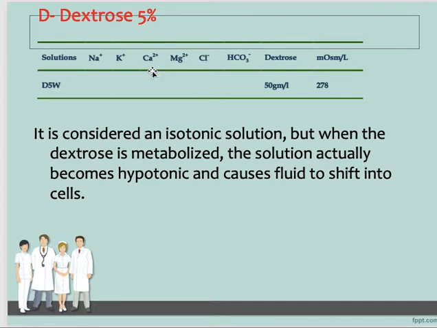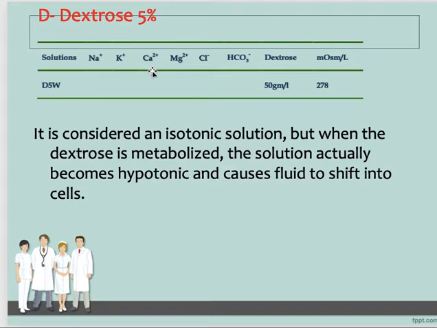They write D5W, or dextrose 5% in water. So basically, this is the solution which has just dextrose, or you can say sugars, right? Now, this is considered isotonic, but in reality, this solution is not isotonic.